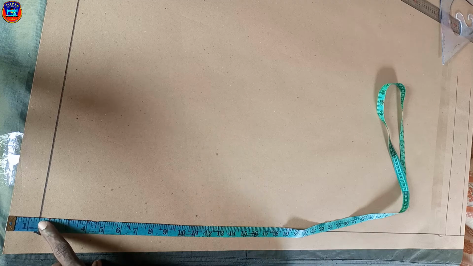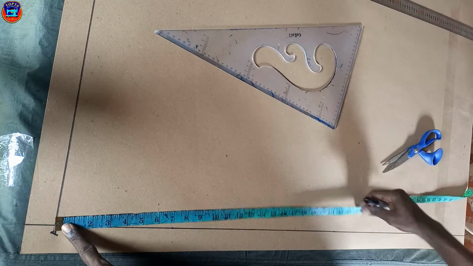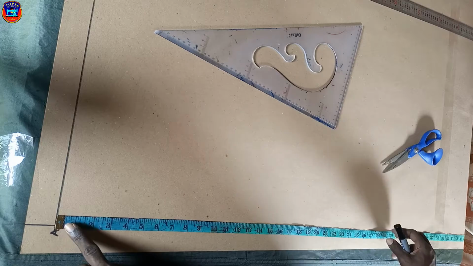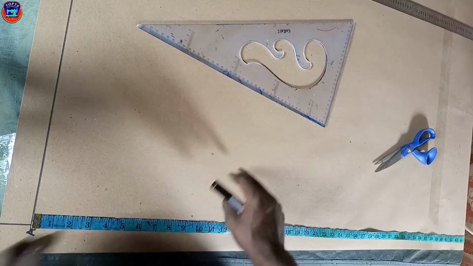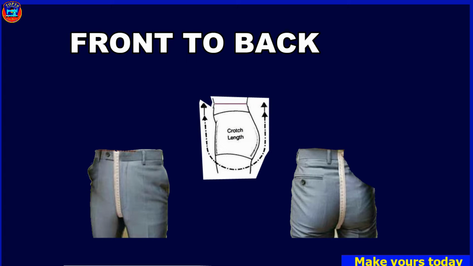Another one is from starting point A, you measure downwards hip measurements divided by 4, giving you the crotch. Another method is you tell your client to sit straight, then measure waist to the base of the seat. The last one is measure across from the front waist to the back waist.